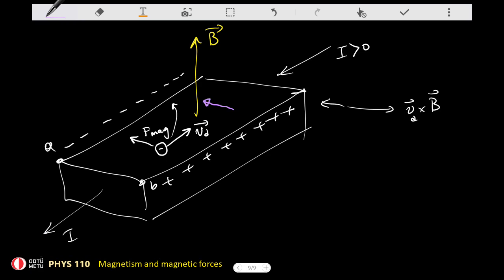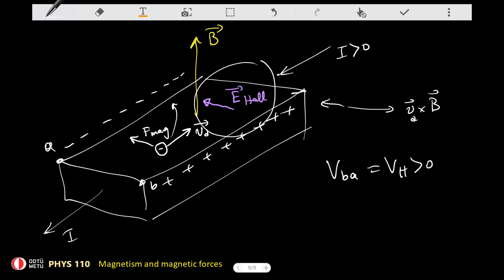Hall potential difference. This time this is pink, but that's okay. There's a Hall electric field, but this is going to be in the opposite direction. So therefore, this V_BA in here, that's the Hall potential. That should be positive. Okay, so for negative charge carriers, therefore, the Hall electric field developed would be from B to A, and the Hall potential would be positive.